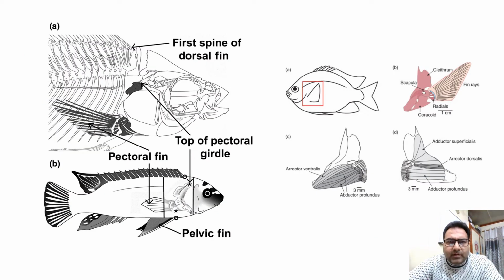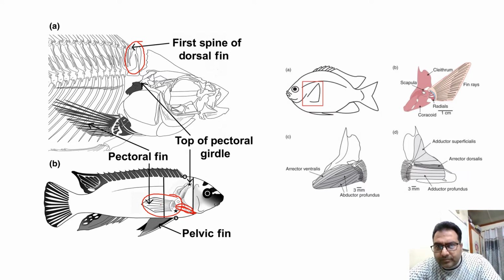The pectorals are supported by the pectoral girdle that joins the skull. You are seeing here the first spine of the dorsal fin, and this is the pectoral fin, which gets support from the pectoral girdle. So this is the pectoral girdle here, which gives support to the pectoral fin.